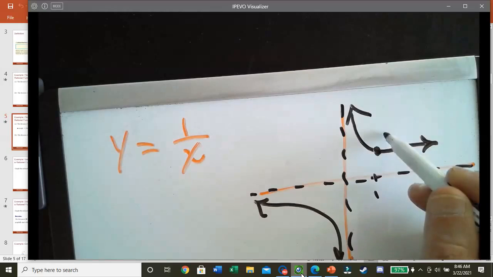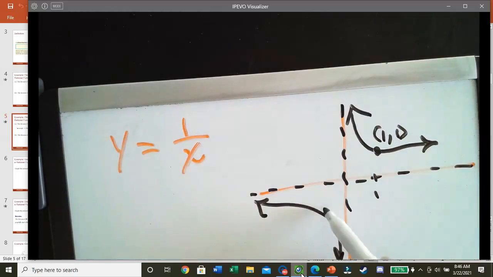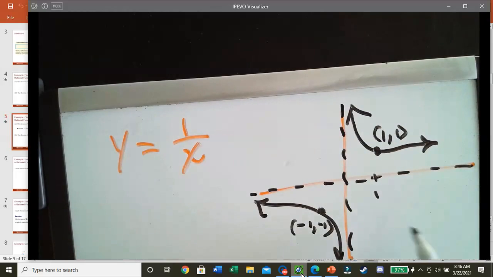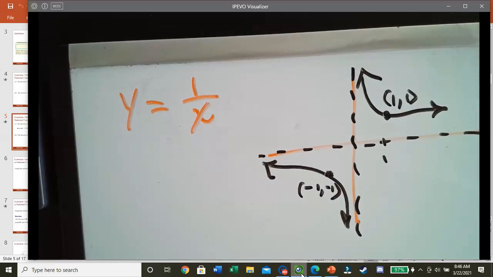Okay, and then this would be at 1, 1, and negative 1, negative 1. Okay? That's the parent graph. So any transformation that takes place, you have to look at shifting the asymptotes first. And wherever those asymptotes go, the curves will follow. Okay?